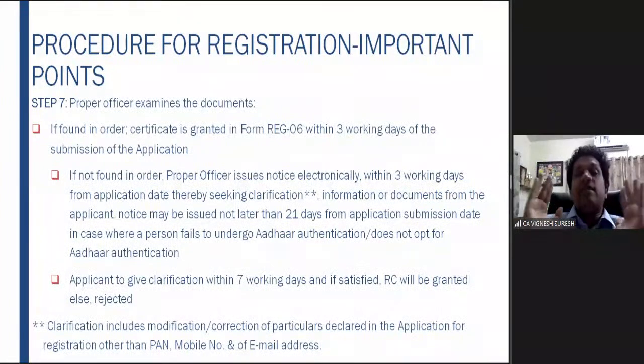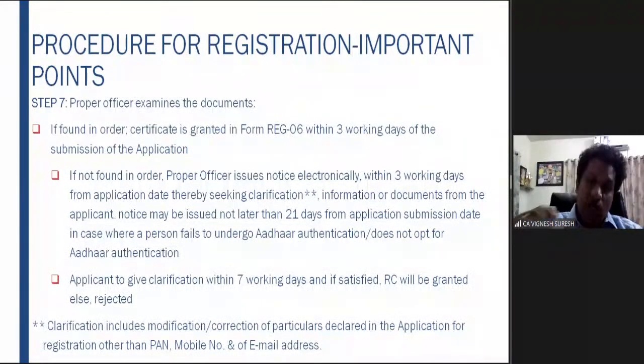In case the person does not undergo Aadhaar authentication, then this 3 days becomes 21 days. So in case Aadhaar authentication is not done, within 21 days he can issue the registration certificate, or if he's not satisfied, he can issue the clarifications within 21 days. Then this clarification has to be given by the applicant within 7 working days.